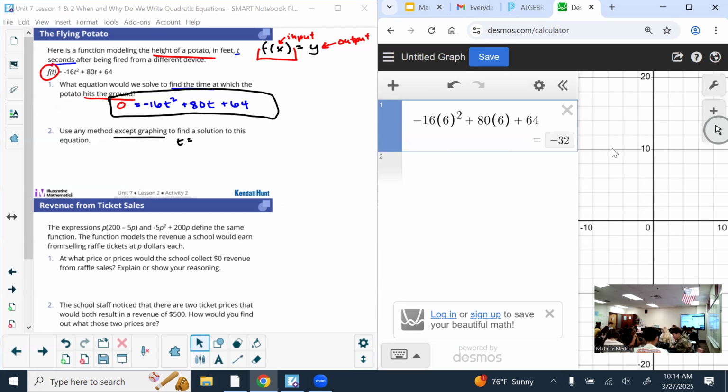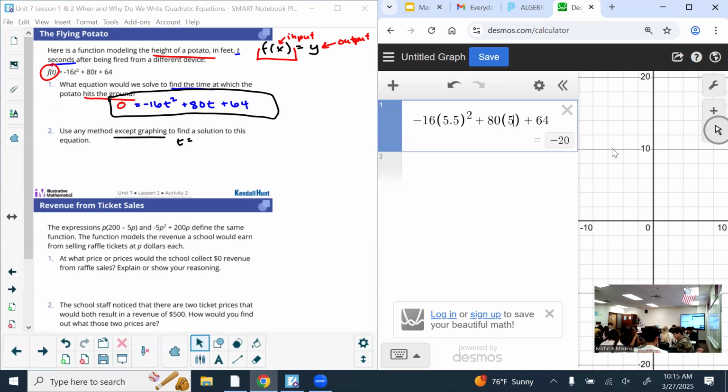So that should tell you that at 6 seconds, it's already hit the ground before that. So then adjust your guess. 5 seconds is now a bit above the ground. So now it's telling you it's somewhere between 5 and 6, and then you adjust your guess based on that.